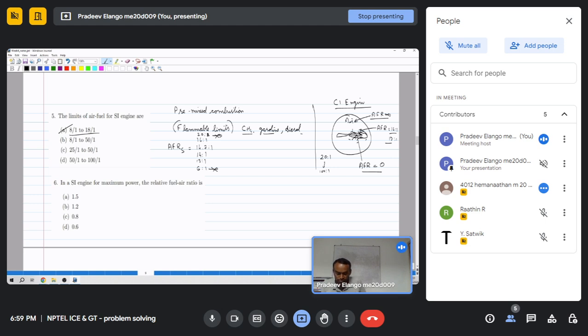In SI engine, for maximum power, the relative fuel-air ratio is 1.5, 1.2, 0.8, 0.6.